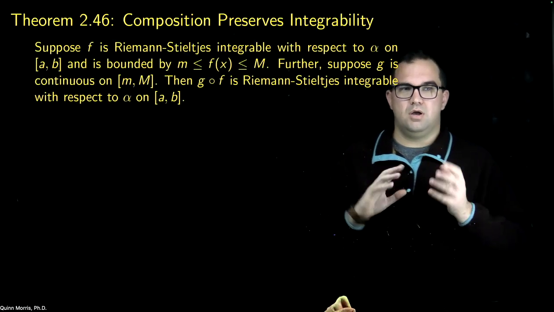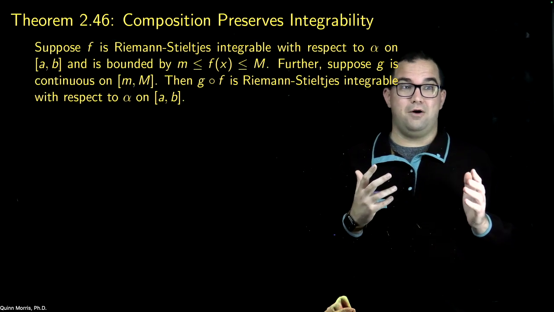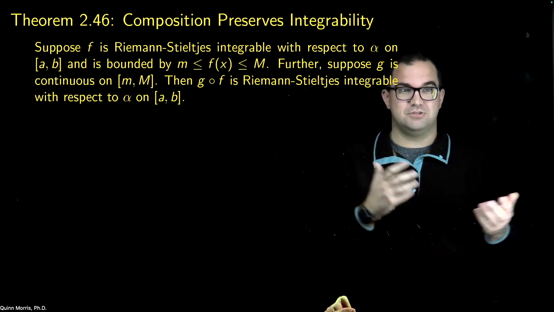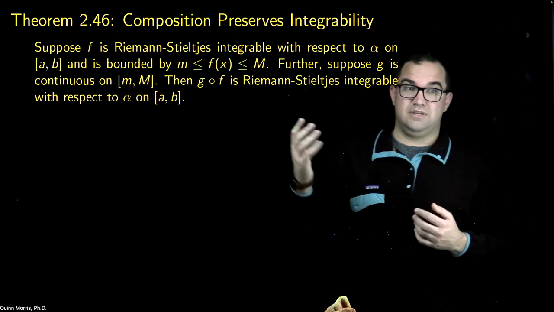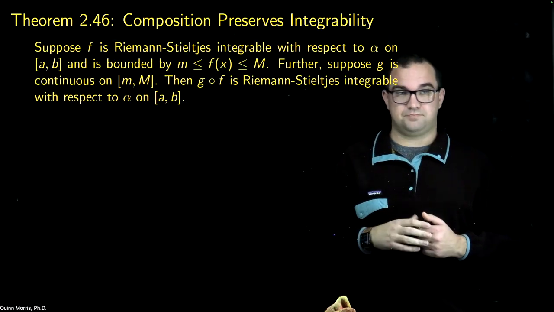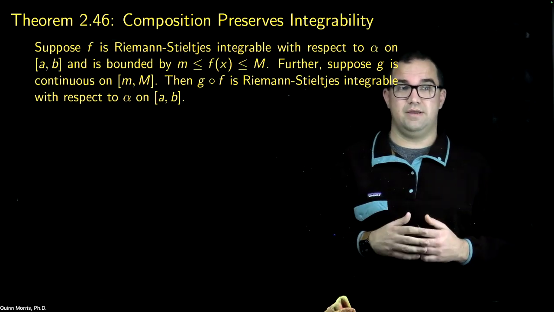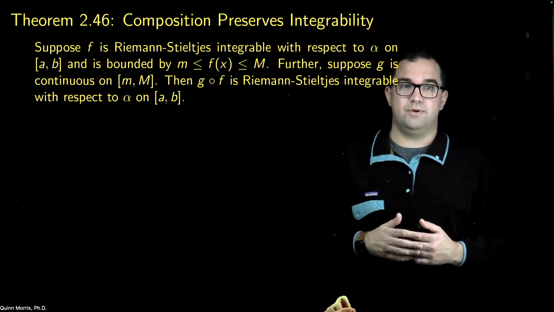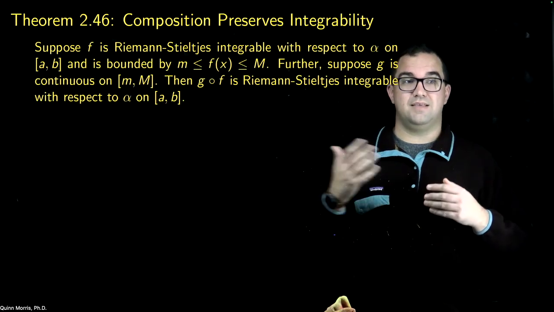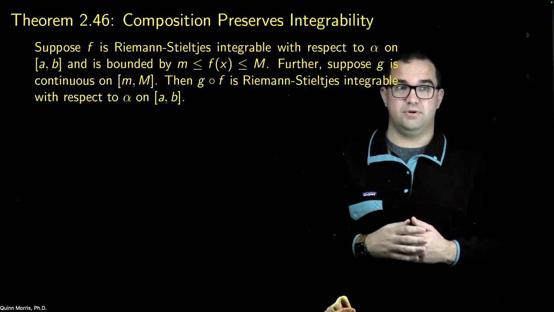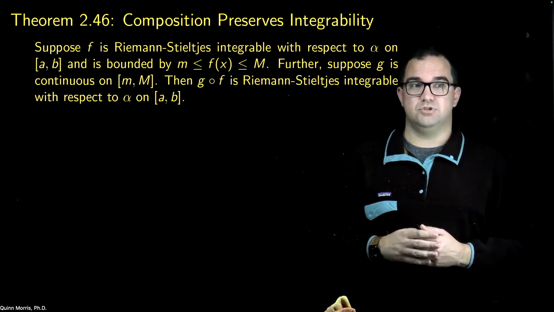Okay. So again, some of these things work really well. The sum of two Riemann-Stieltjes integrable functions is Riemann-Stieltjes integrable. Other things like composition we see in this case. The composition of two Riemann-Stieltjes integrable functions is not necessarily Riemann-Stieltjes integrable. So we do have to be careful as we apply this property and all of the other properties that we've learned about Riemann-Stieltjes integration.